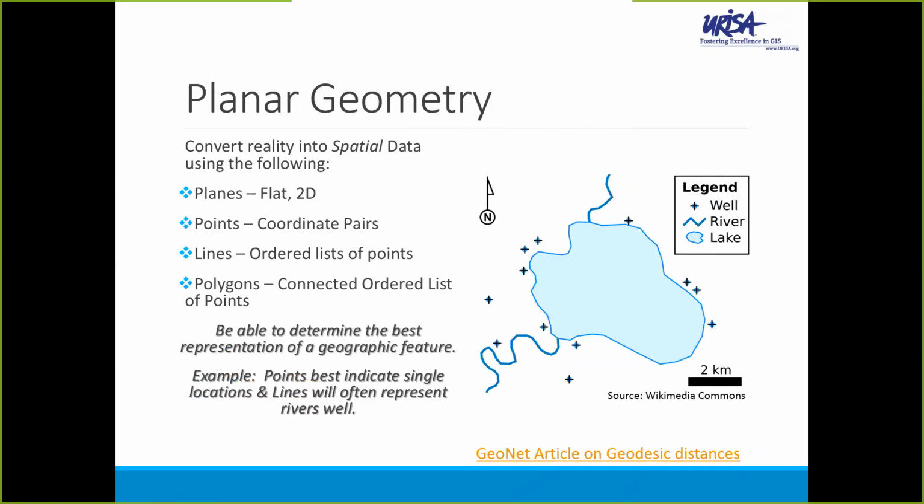Planar geometry. This converts reality into spatial data using the following. So planes, these are flat, two-dimensional. Points are coordinate pairs. A line is an ordered list of points, and a polygon is just a connected ordered list of points.